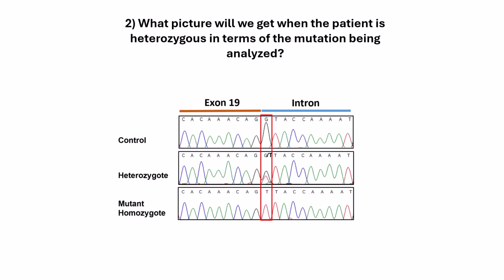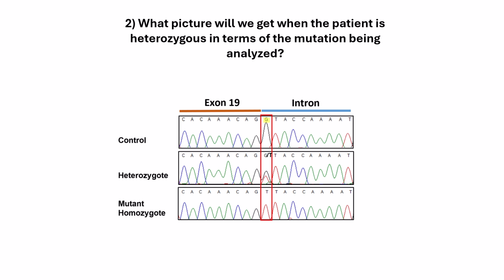What picture will we get when the patient is heterozygous in terms of the mutation being analyzed? Here we have some area of the DNA between exon and intron. You can see part of the exon and part of the intron. In the control DNA, in this particular position we are interested in, we have guanine.